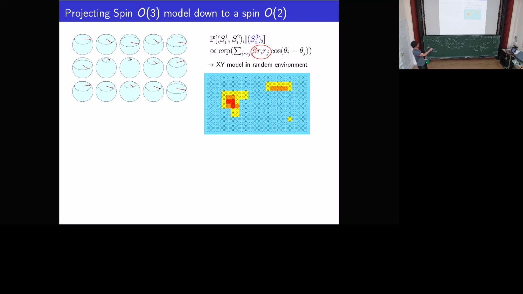And Patrascu and Zeiler were saying that if you project this system, in order to kill BKT, you would need to have a lot of those islands with a high temperature, with a small beta. And they didn't believe that you have sufficiently many such islands to create a mass. And with Yuan and Avelio, we were able to show that indeed, those islands, in a certain strong sense, are very small, they don't percolate.